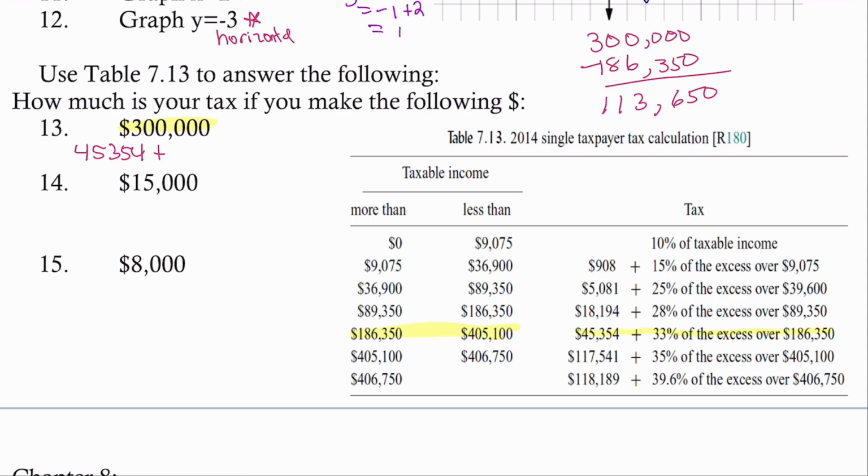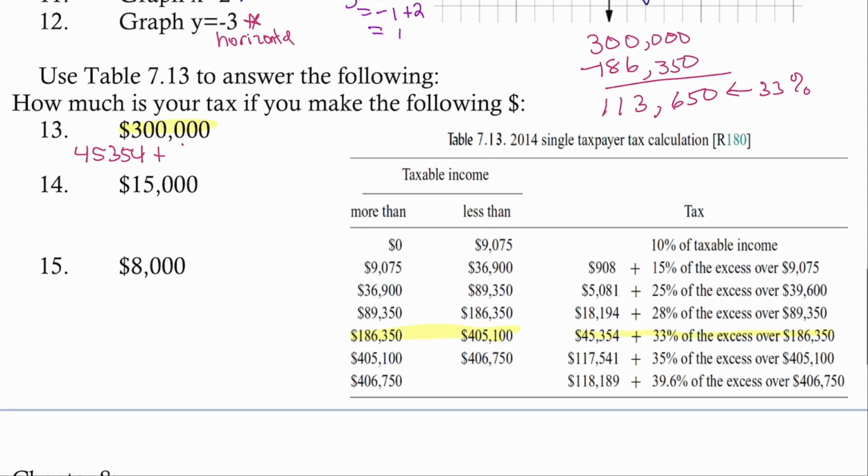Then we're going to take that times 33%. This is money, so do 0.33 and round to the nearest penny. That's going to be $37,504.50, and you just total those up. So that would be $82,858.50.